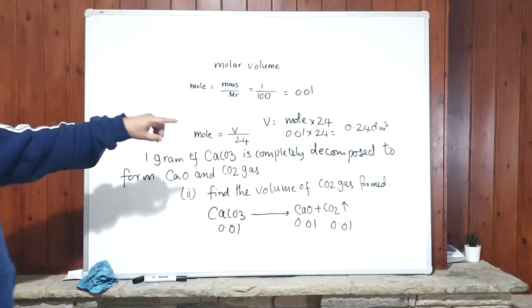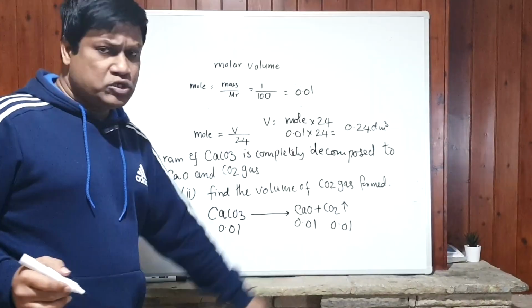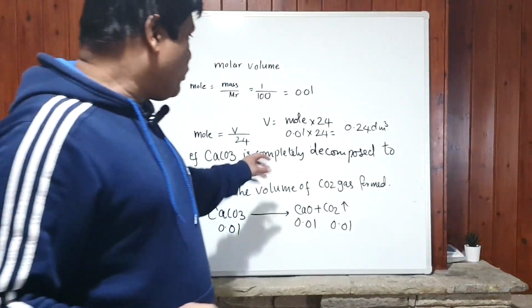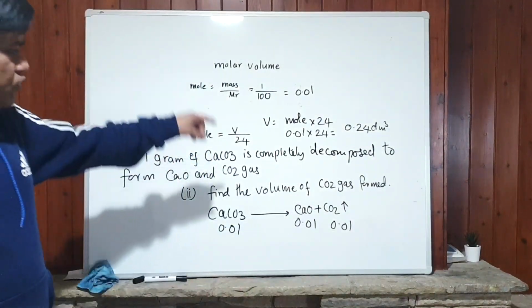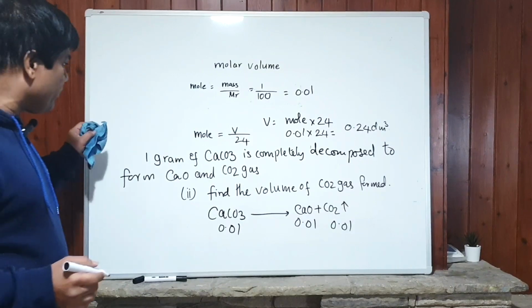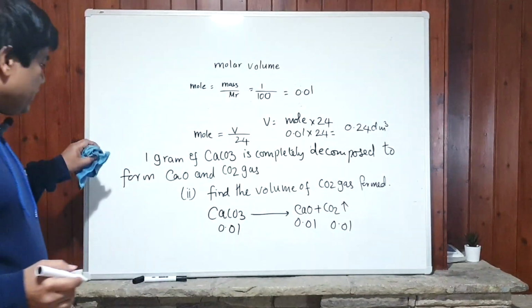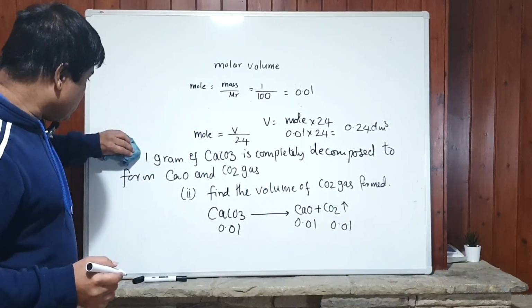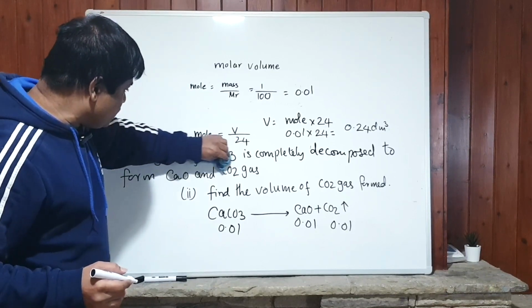Suppose I want to convert that dm cube to centimeter cube. What should I do? What's the conversion factor? You have to multiply by 1000. I want to get the answer in centimeter cube rather than dm cube.